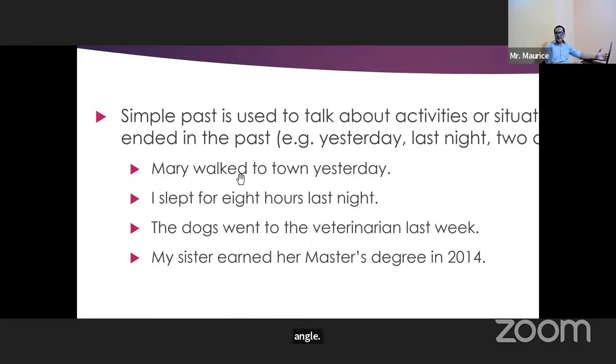Walked is a regular verb and earned is also another regular verb. Por lo consiguiente, las oraciones 2 y 3 están utilizando verbos irregulares. I slept, the dogs went.